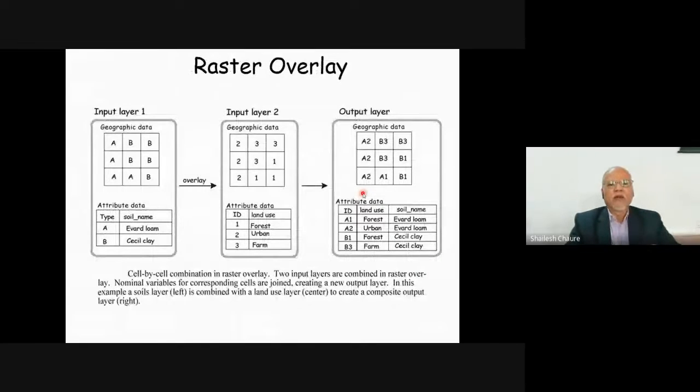So in raster overlay, what will happen? Suppose you've got two layers. So raster data is always an array of pixels. Okay. So suppose my scene is 3 pixel by 3 pixel, which is a very short thing. Say maybe 3000 pixel by 3000 pixel. 3000 pixels in X direction, 3000 pixels in Y direction. So when I want to do the operation, what I will do, I will pick up the first pixel of the first scene and first pixel of the second scene. Okay, you can imagine it like a graph.